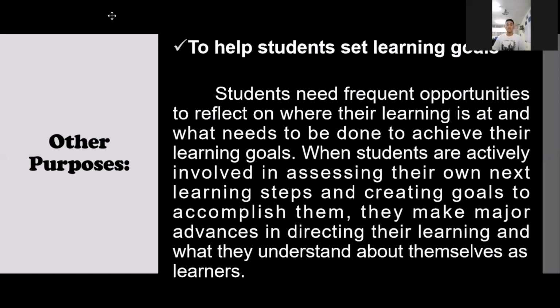When students are actively involved in assessing their own next learning steps and creating goals to accomplish them, they make major advances in directing their learning and what they understand about themselves as learners. So certainly it is suitable for assessment as learning, as it is more on self-reflection or self-assessment.